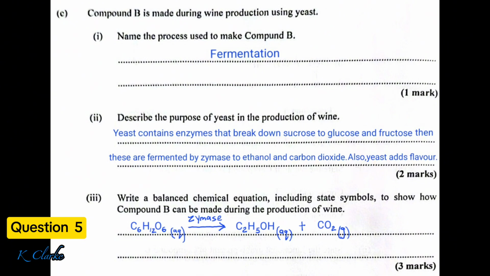Now this equation isn't balanced. One of the reasons is there are 6 oxygens on the reactant side and 3 oxygens on the product side, 1 from the ethanol and 2 from the carbon dioxide. So in order to balance this equation, we are going to put 2 in front of the ethanol and 2 in front of the carbon dioxide.